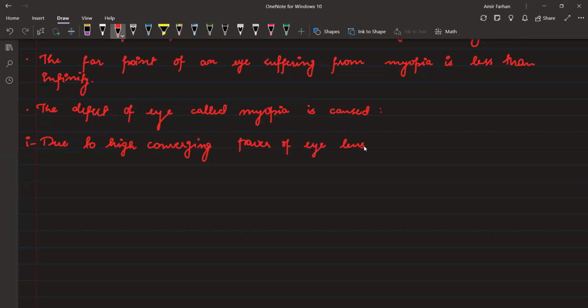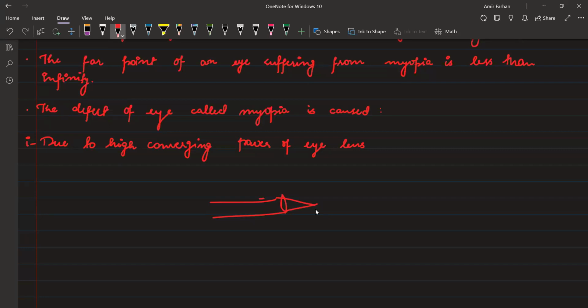Due to the high converging power, the rays will intersect at an early point. Suppose this is a normal ray coming and this is a lens, so they will converge.